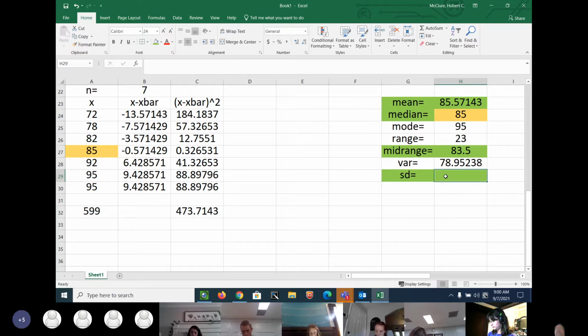Thumbs up or down? That's what y'all got? And now, of course, you just raise that to the 0.5 power. H28 raised to the 0.5 power. I got 8.8855.